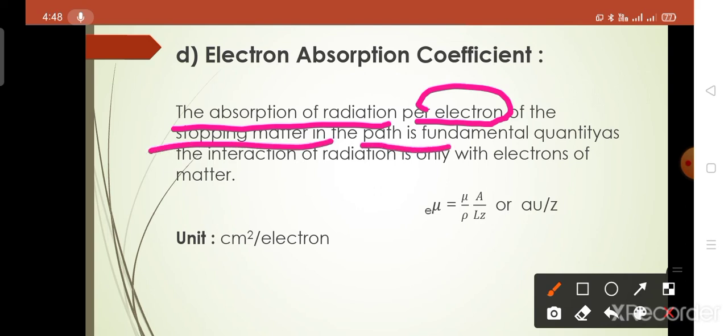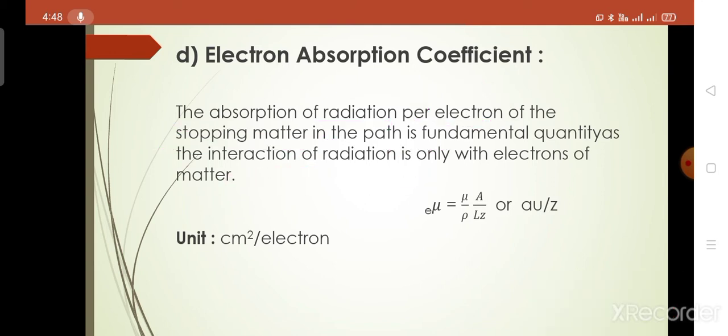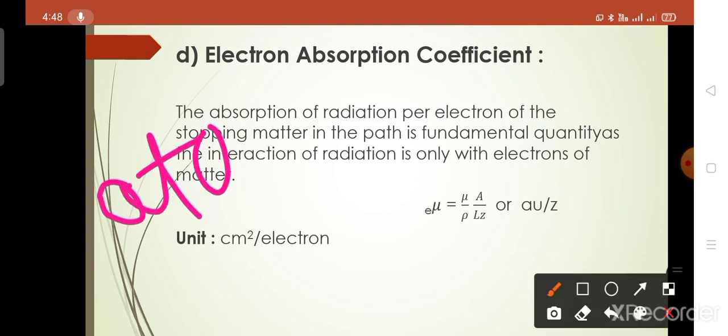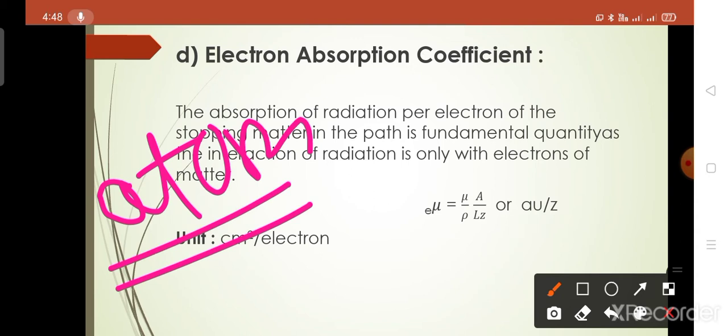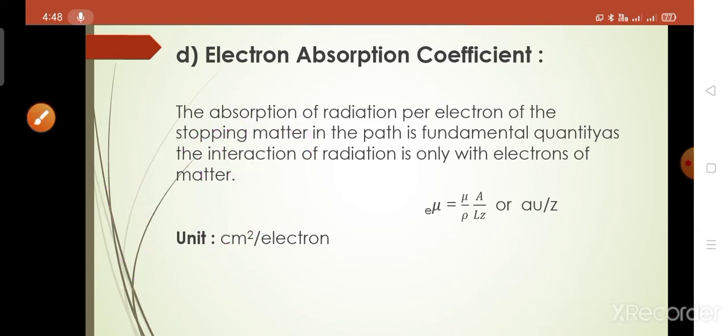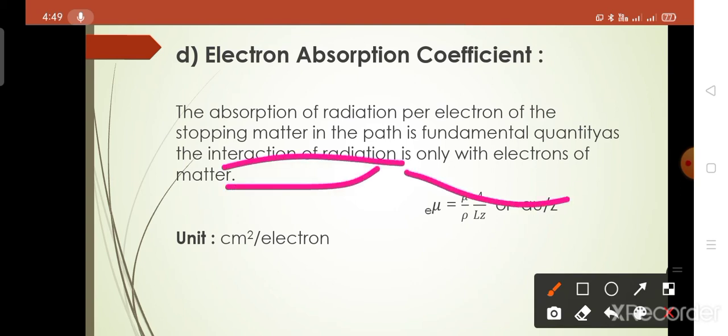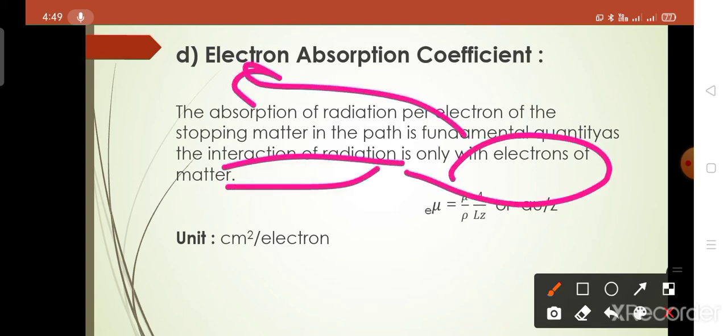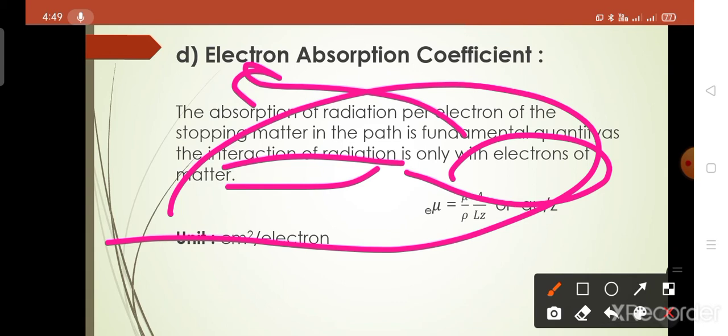It is the fundamental quantity, and it undergoes interaction of radiation only with the electrons. What happens in the atomic absorption coefficient? The interaction of radiation is only with the atom. And in this case, the interaction of radiation is only with the electrons, so it is known as the electron absorption coefficient.